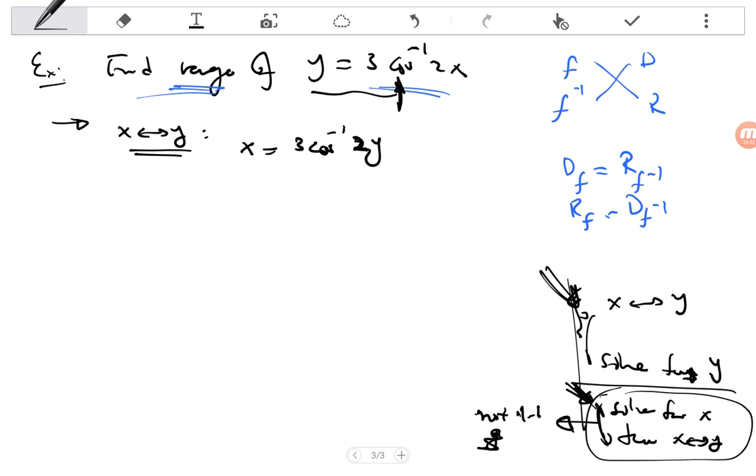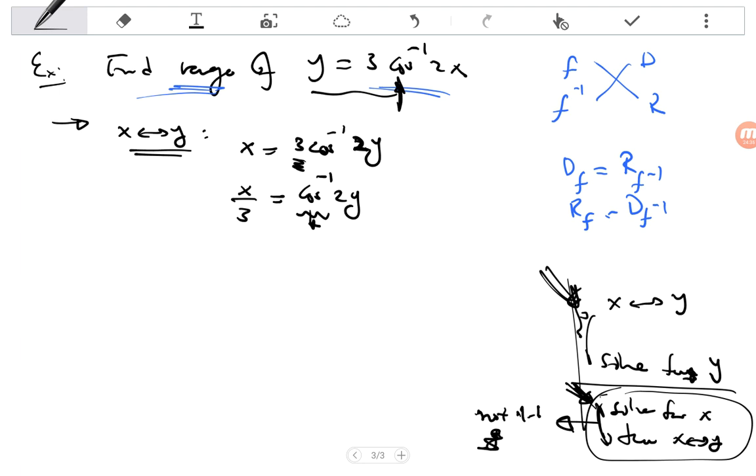Now I need to solve for y. So I need to put y alone on a side and other variables on the other side. I will just divide by 3. Now I need to get rid of this cosine inverse. How would I cancel this cosine inverse?